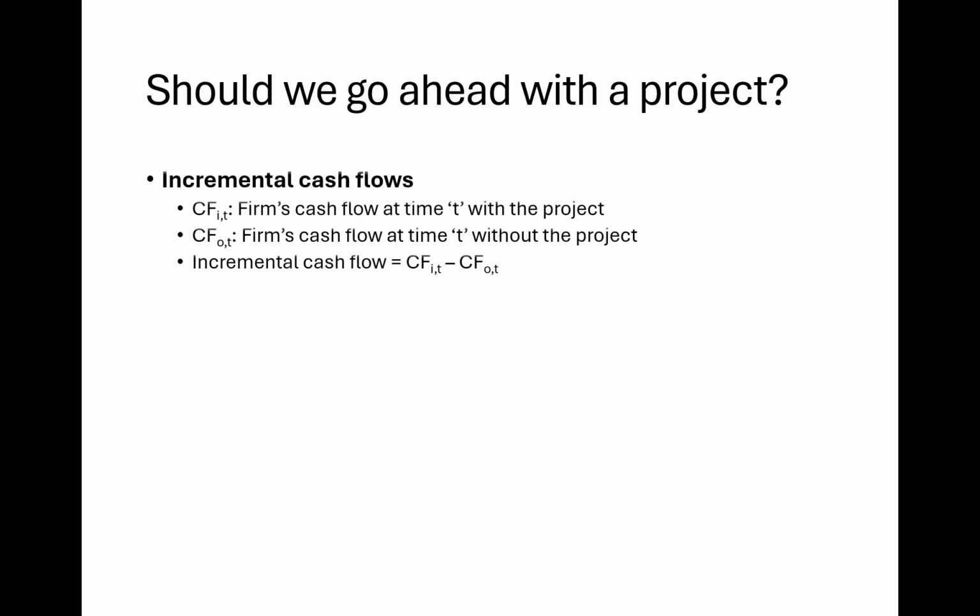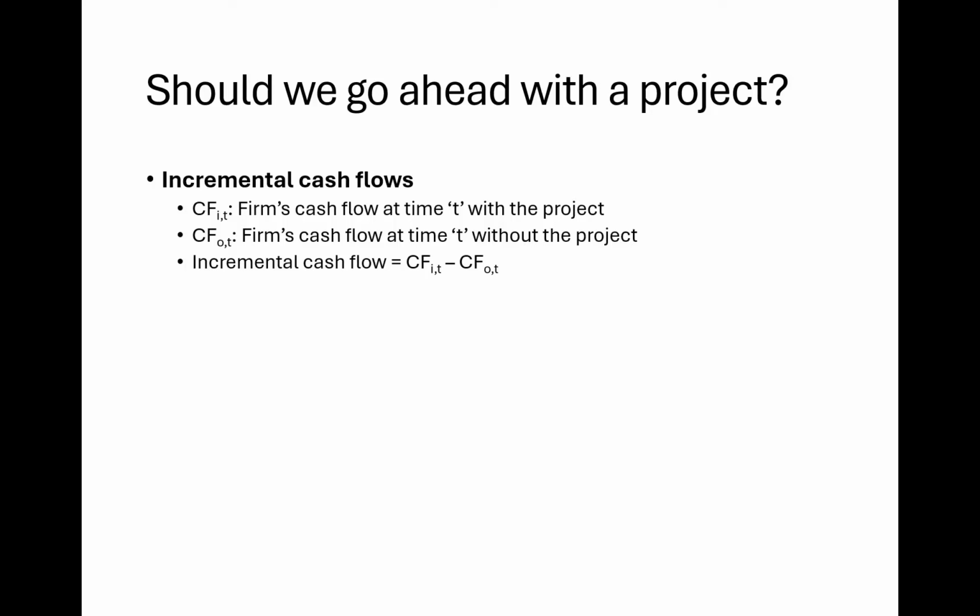So should we go ahead with the project? That's a main concern. And when we are determining that, the most important thing is to determine the incremental cash flows. A firm already exists. It already has revenues and expenses on its other projects.